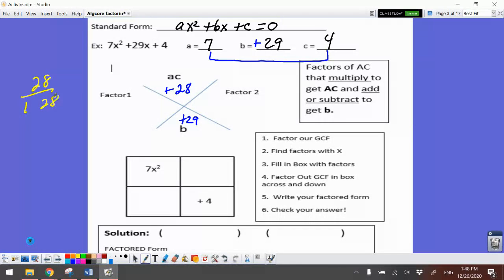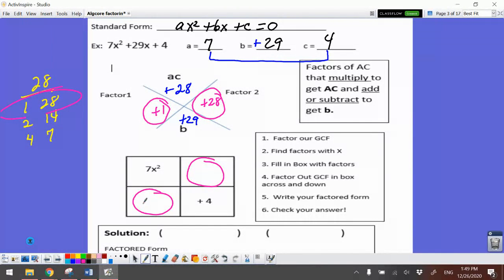So 1 and 28, 2 and 14, 4 and 7, and that's all I have. So how can I get 29? Well, it's going to have to be 1 and 28. So positive 1 and a positive 28. Okay, so these factors are going to go into these spots right here.